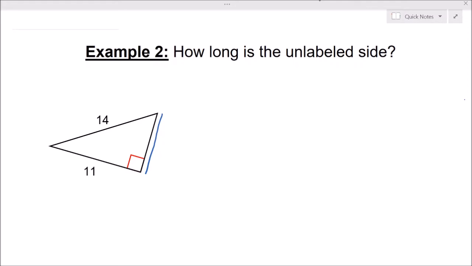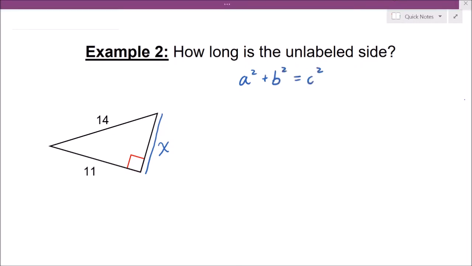So what we do is we go ahead and label that side length with a variable like x. You can use whatever letter you wish. And now again, it's a right triangle. We're working with all three sides, so we can use the Pythagorean theorem, right? We got a squared plus b squared equals c squared.